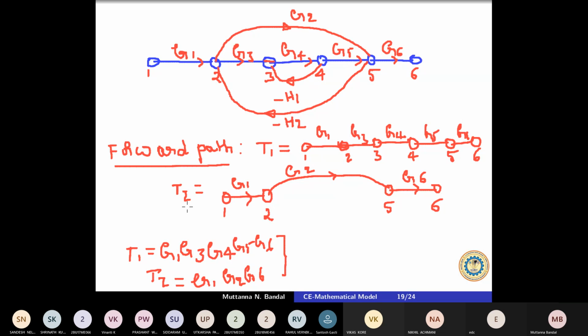Then you substitute the gains in the formula: transfer function TF is summation of Tk delta k divided by delta. So there I have to find what is delta and delta k.